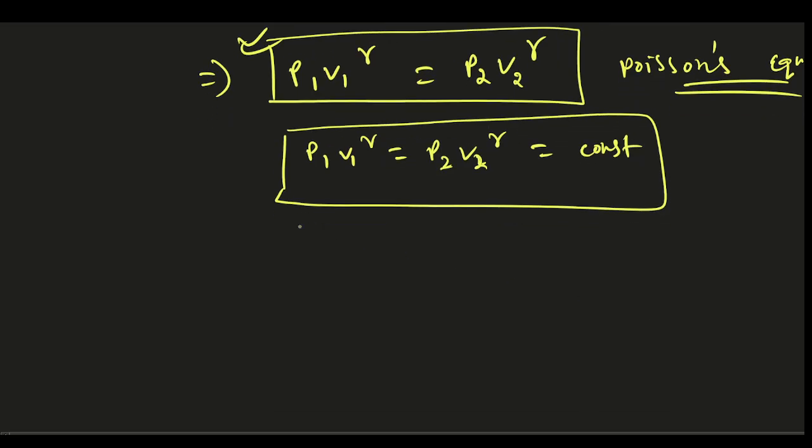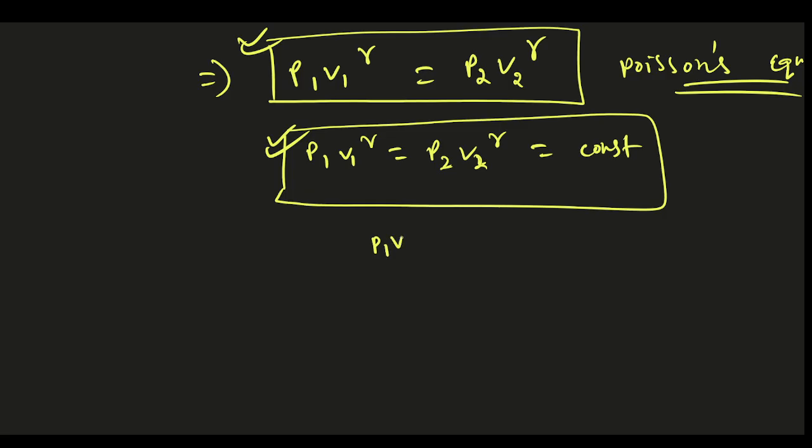So basically why do you calculate this value? Because for a reversible adiabatic process, three variables are there. If you get three variables in the exam, it is not possible. If there are two variables, like in the isothermal case, we are not doing this. Since three values are changing, we need to calculate P1 V1 gamma equal to P2 V2 gamma equal to constant.